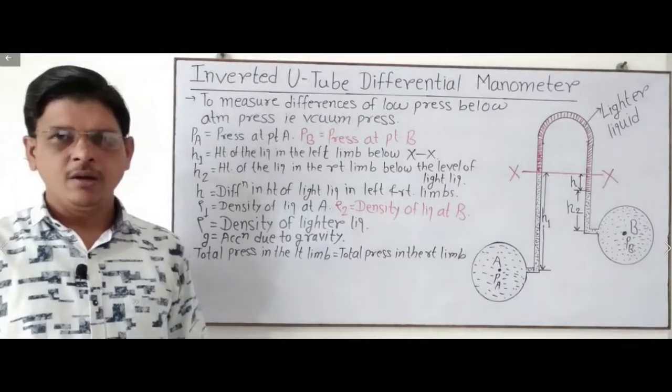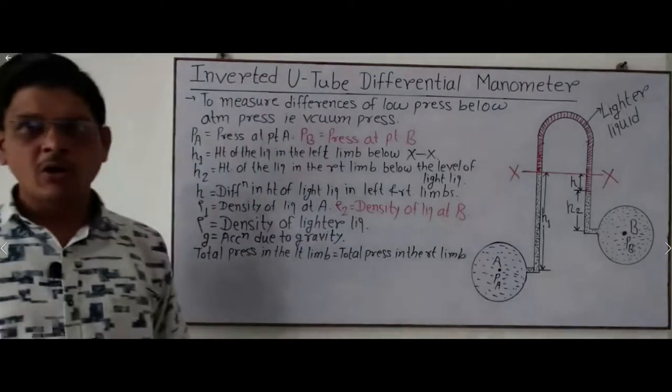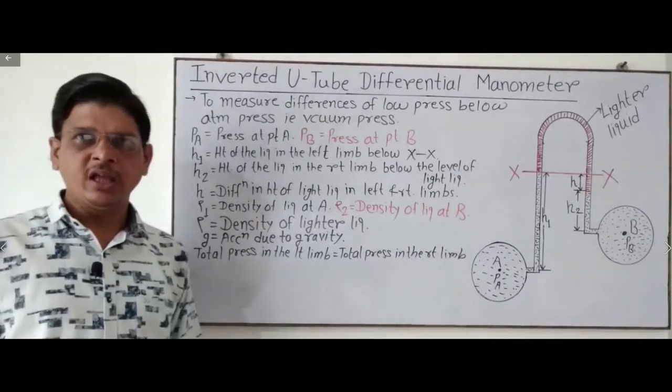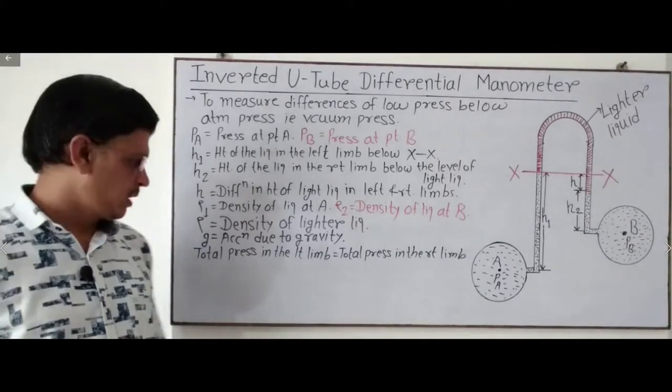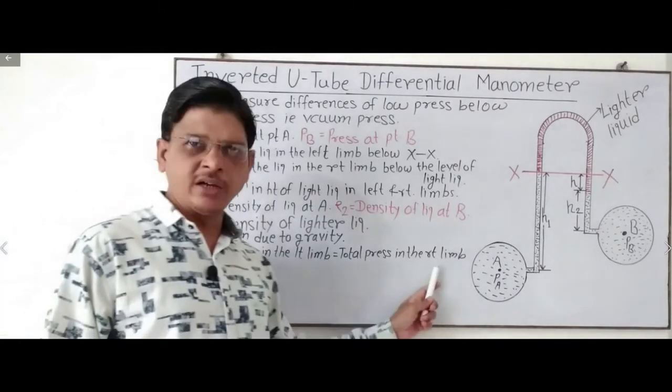So to get the pressure difference between A and B, we have to balance the total pressure in both the limbs when the equilibrium is reached. At equilibrium, the total pressure in the left limb is equal to the total pressure in the right limb.